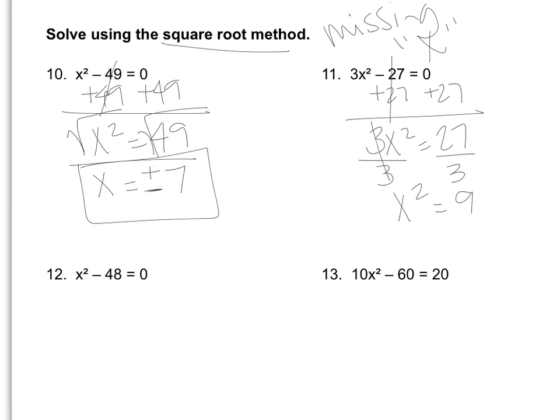Once it's by itself, you're going to take the square root of both sides, because whatever you do to one side, you have to do to the other. So the square root of x squared is x. Square root of 9 is 3. Remember, we could plug in a positive and a negative 3 for that, and it should give us a positive 9. So make sure that you're putting a positive and a negative answer whenever you're using the square root method. You should have 2 answers.